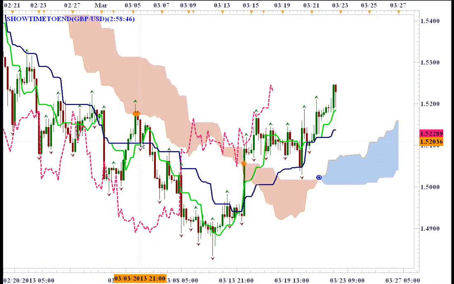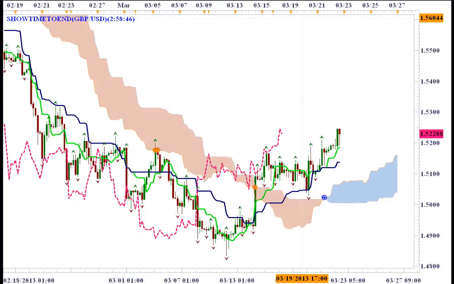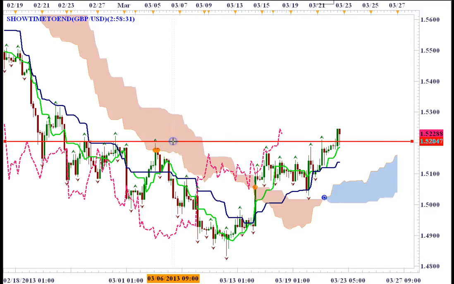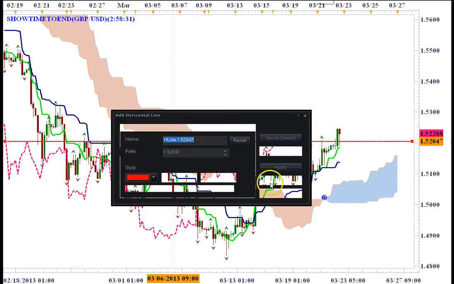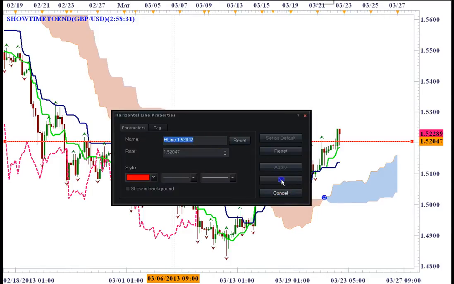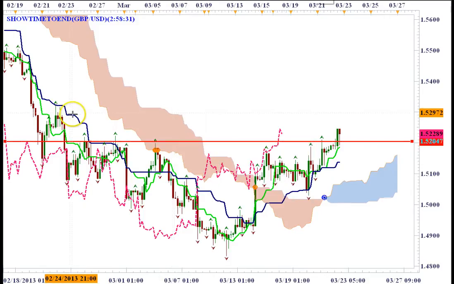Now there's a few things that we have to look at. This level here, basically right here, right? And then this level here.